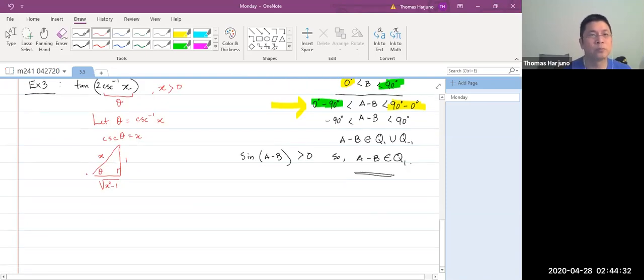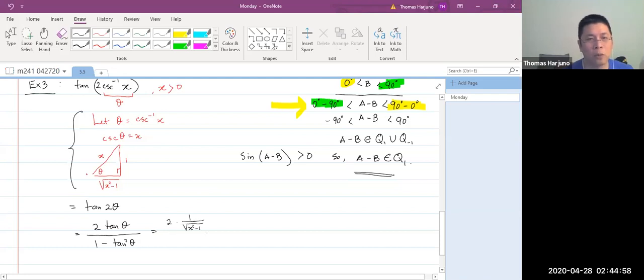Now, using that substitution, we get tangent of 2 theta, which is 2 tangent theta over 1 minus tangent squared theta. That's 2 times 1 over square root of x squared minus 1, over 1 minus 1 over x squared minus 1.